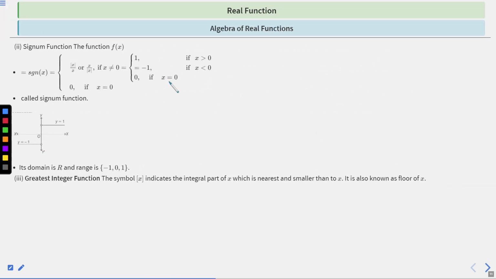Next is the signum function. The function f(x) equal to signum of x is basically represented as mod x upon x, or x upon mod x, if x is not equal to 0, right? And it is represented as 1 when x is greater than 0, minus 1 when x is less than 0, and it is basically 0 if x is 0.